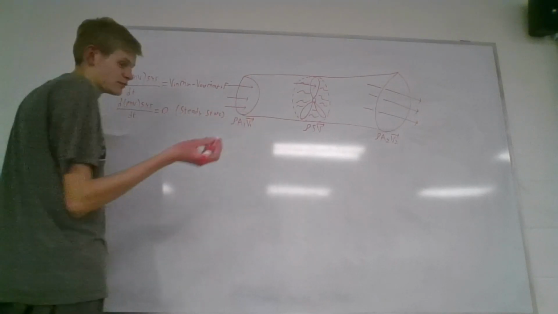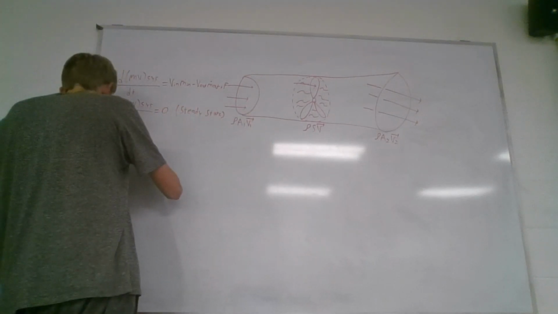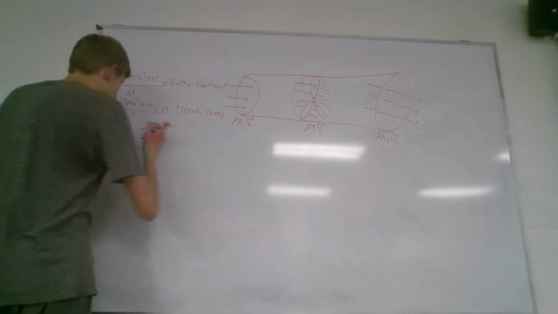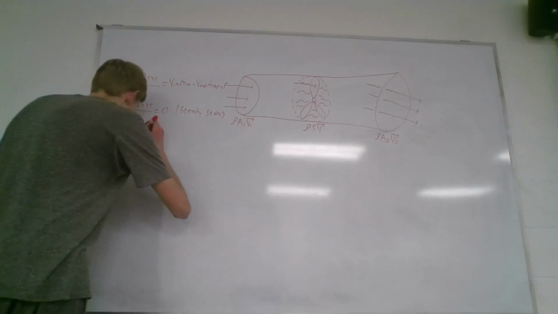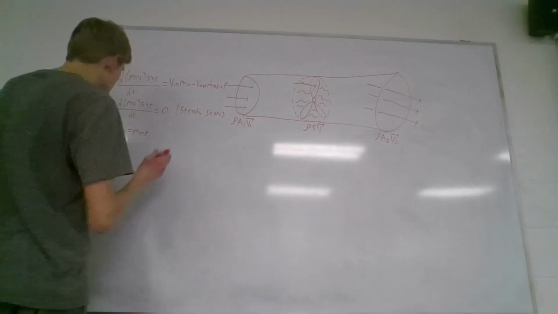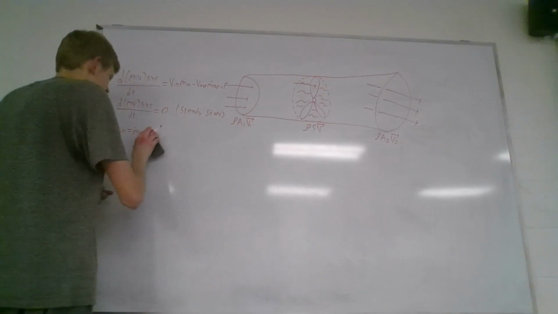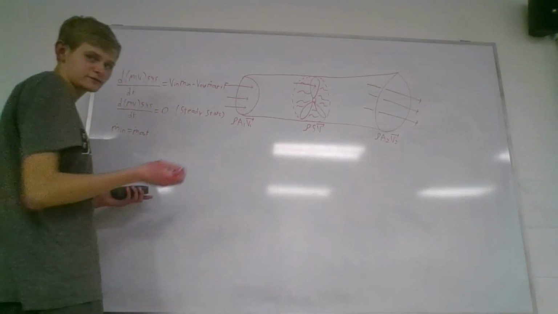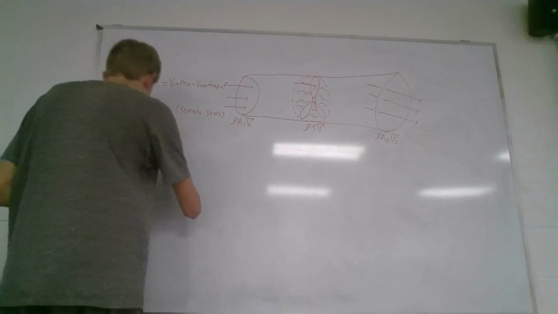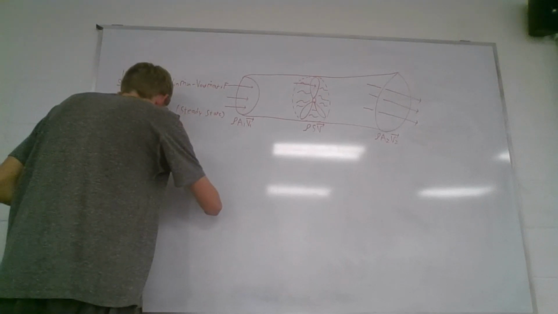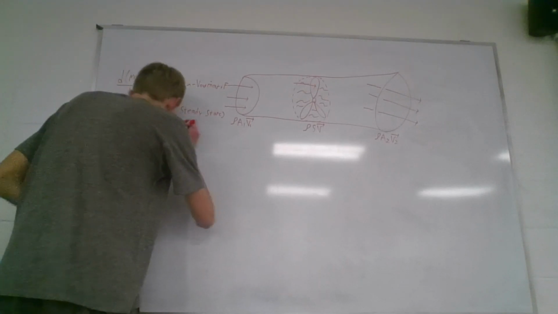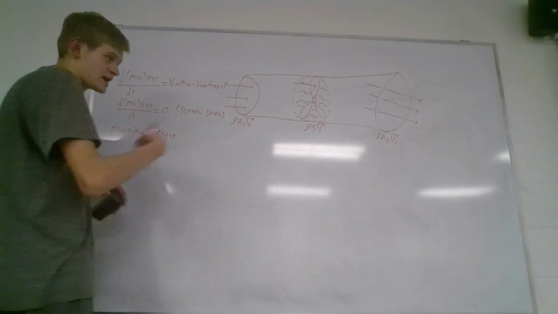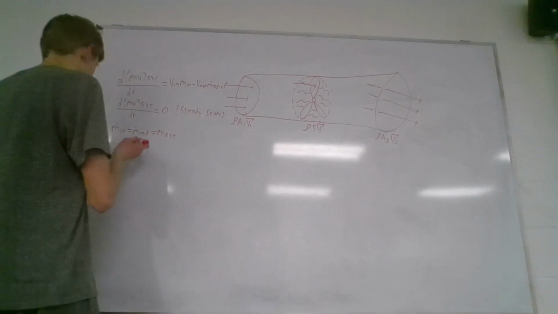Like I said before, the mass flow rate going in is equal to the mass flow rate going out, and we'll just say that is equal to the mass flow rate of the system.